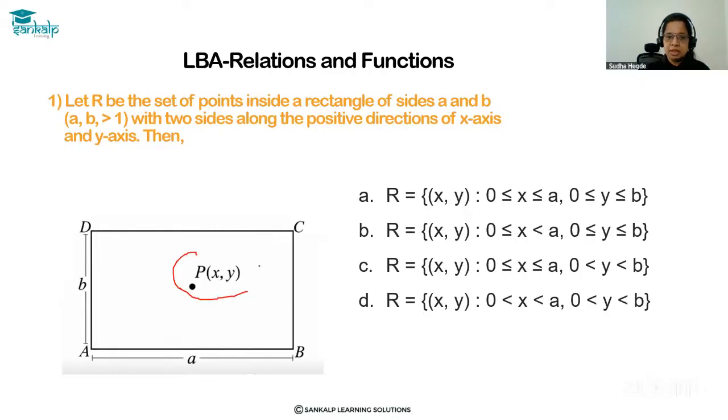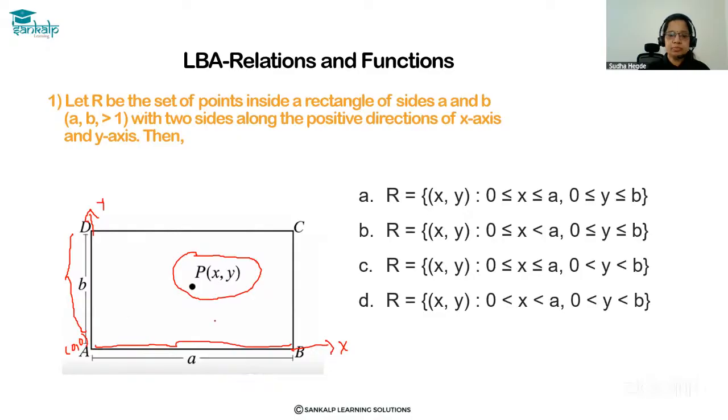This is the x-axis and this is the y-axis, and this point is (0, 0). Given this side is of length A and this side is of length B.